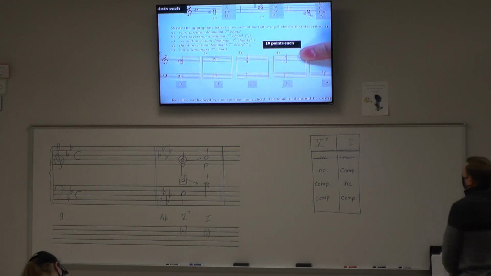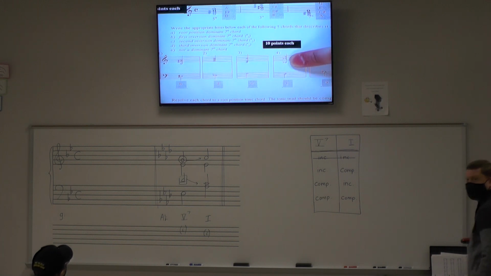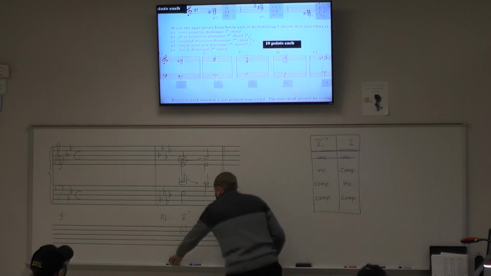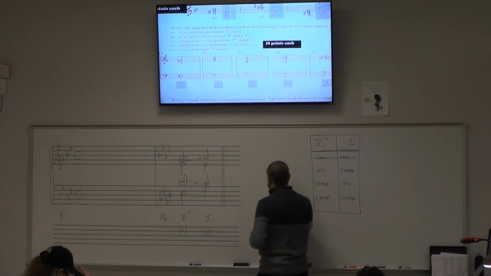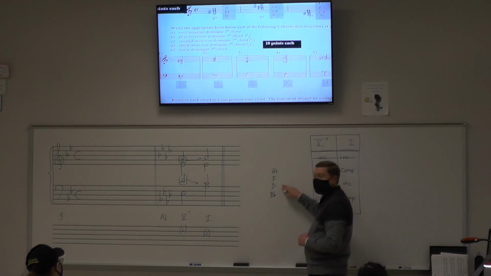So if we look at number 4, and we put all these notes, stack them in thirds, we've got 4 different ones. I've got a B flat, a D, an F, and an A flat. When I notate that chord in root position, B flat, D, F, A flat, that is, first of all, a major minor seventh chord.